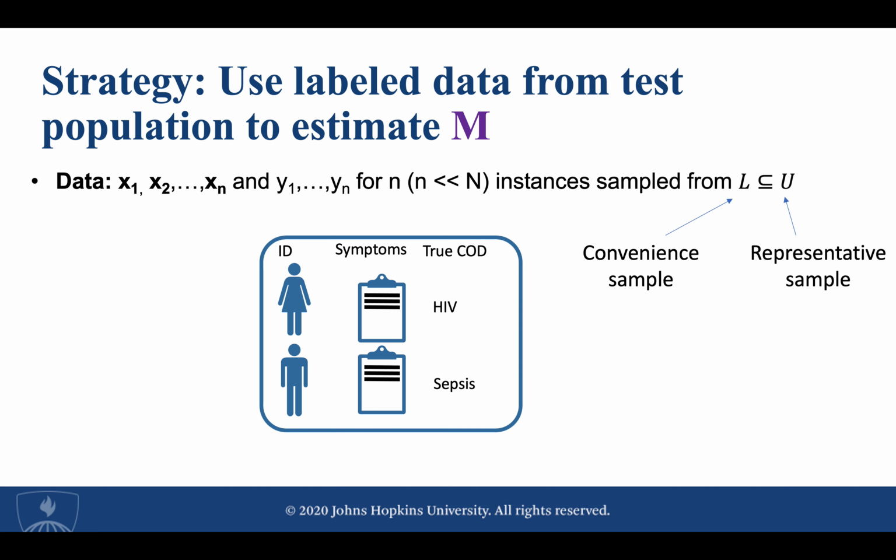These individuals come from a convenience sample, which is a subpopulation of U, and we will call this convenience sample L. This convenience sample may not be representative of the full population U. For example, we may only be able to get true causes of death for individuals who died in a hospital, but not in the community. We can then use these individuals to estimate the misclassification rates from the pre-trained algorithm in our population of interest, under the key transportability assumption that the misclassification rates are the same in the subpopulation L and the population of interest U.